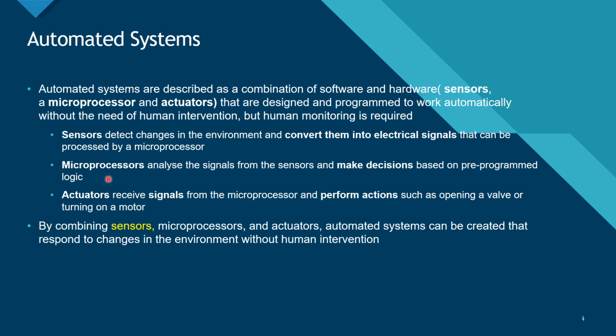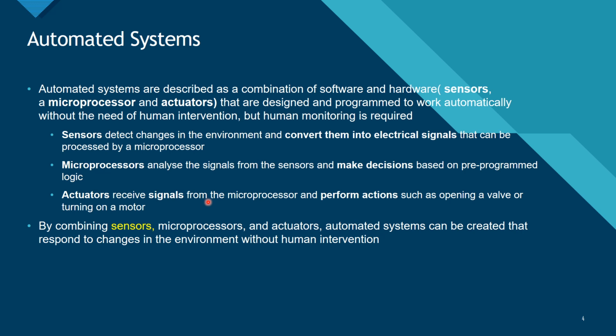Once the microprocessor takes a decision, that decision is sent to the actuators, and the actuators receive signals from the microprocessor and then perform an operation, such as opening a valve, opening a door, turning a motor on, turning a motor off, or anything like that.